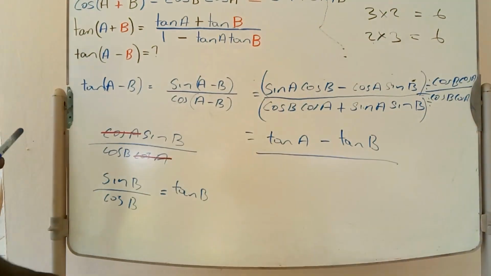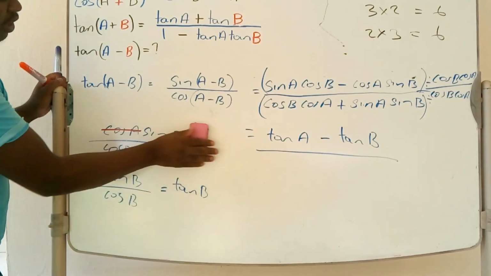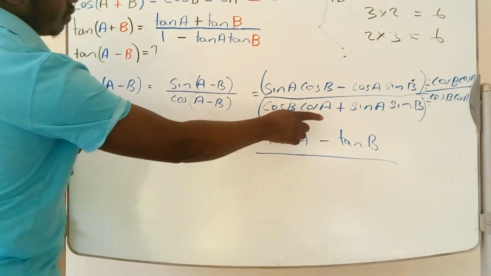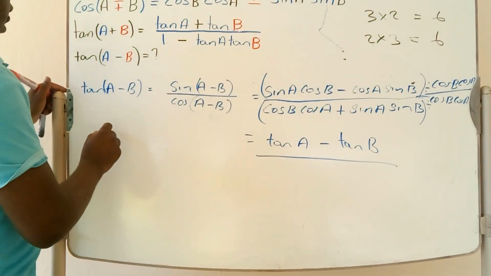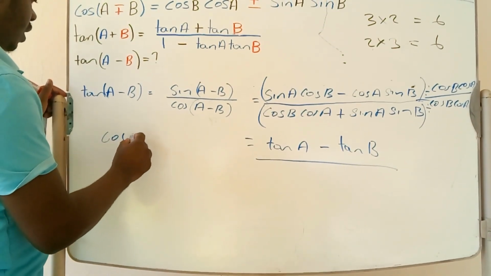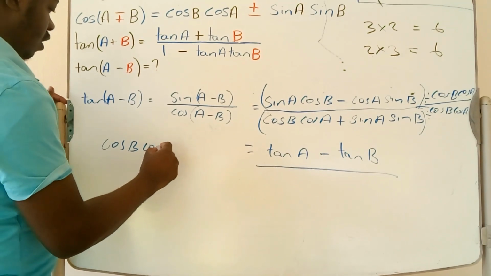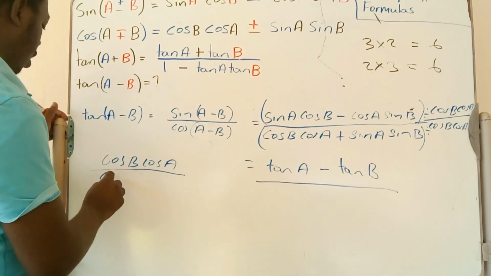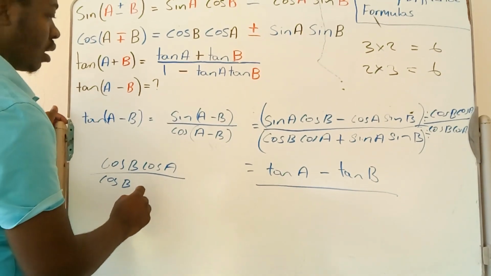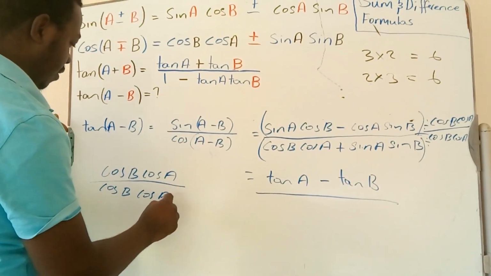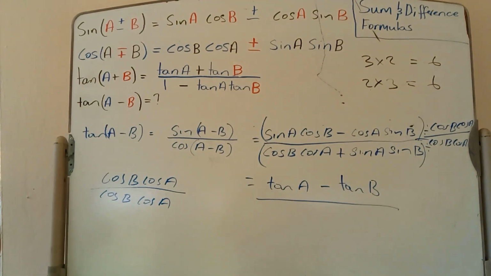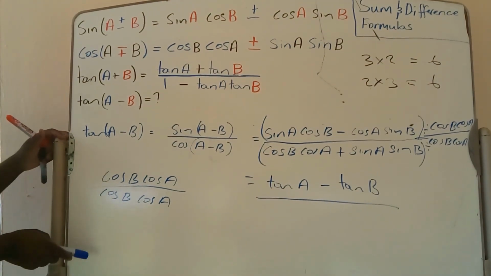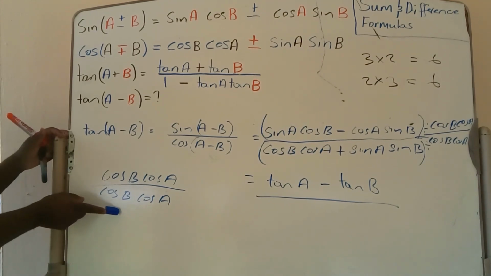And I'm going to repeat the process for the denominator as well. I'm going to take each term in the denominator. So I'm going to take the first term in the denominator, which is cos B cos A, and I'm going to divide that term by cos B cos A. What can cancel out here? Here in the numerator, I have a cos B. In the denominator, I have a cos B as well.